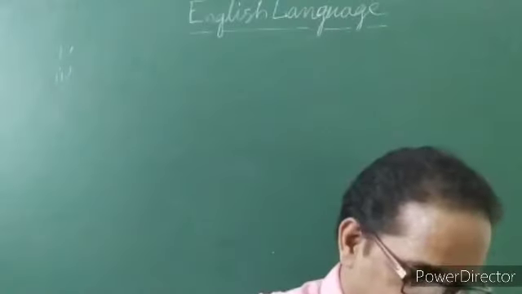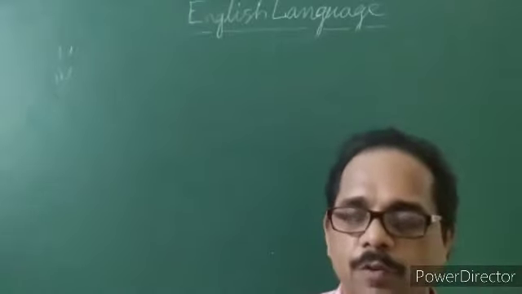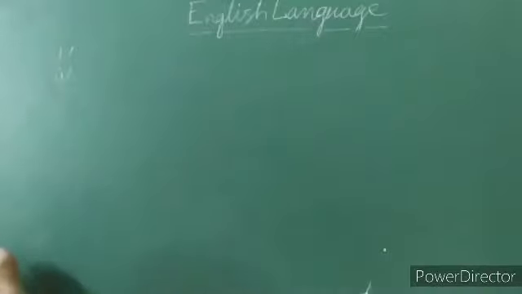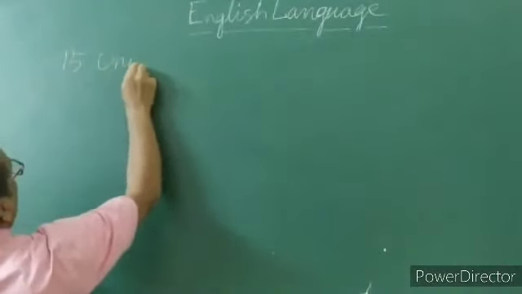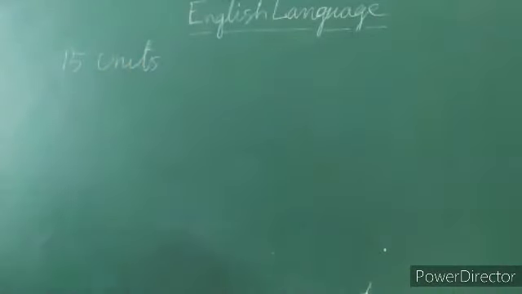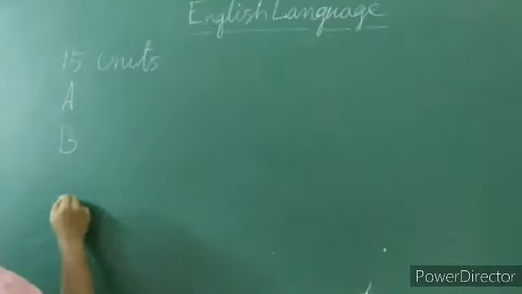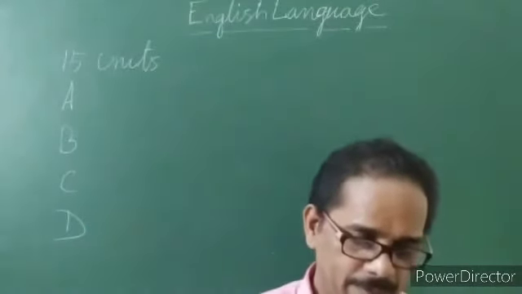So in that they have said that the book is divided into 15 units, and each unit has 4 sections: A, B, C and D.